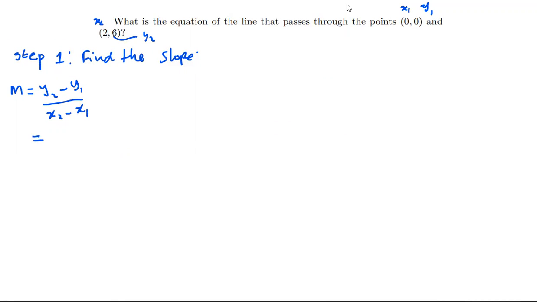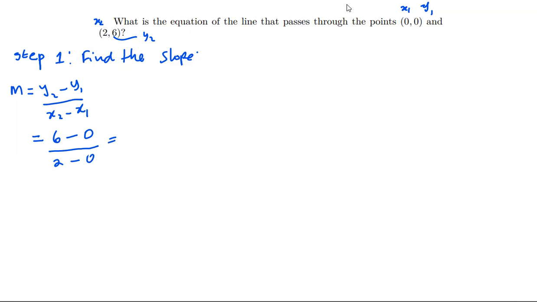And so we just sub in the values for x and y. So y2 is 6 minus y1, which is 0, divided by x2 is 2 minus x1, which is 0.